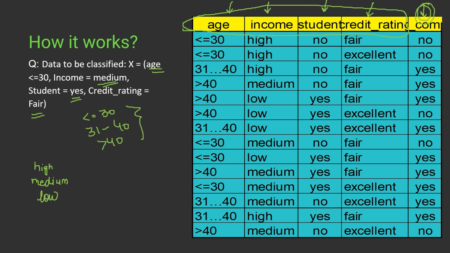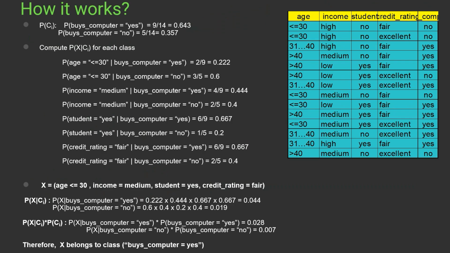In case of student, we have two different classes, that is whether a person is a student or not a student, so either no or yes. And the credit rating again has two classes only, that is fair or excellent. So we have to predict whether a person can buy or not. Let's see how we can do this.